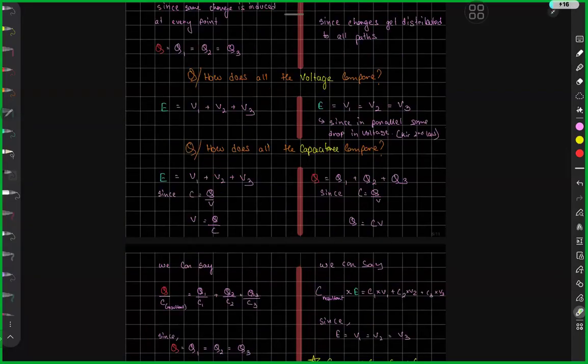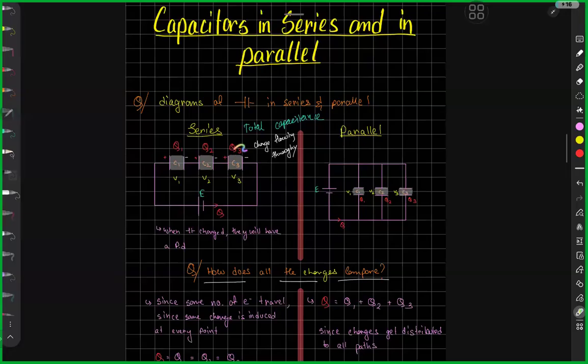Again, if I try to explain that to you, consider all of these 3 capacitors as one big capacitor. In that case, whatever the potential difference across these 2 points is, is the potential difference across these 2 points. I explained this in the first class and today towards the beginning of the class. If 12V is supplied over here, 12V is also the potential difference across all the capacitors.